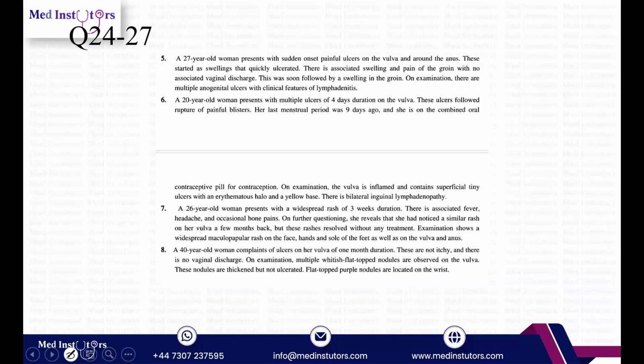A 27-year-old presents with sudden onset painful ulcers on the vulva. One important point, painful ulcers. And around the anus. These started as swellings that quickly ulcerated. There is associated swelling and pain of the groin with no associated vaginal discharge. This was soon followed by swelling in the groin. On examination, there are multiple anogenital ulcers with clinical features of lymphadenitis. So the clincher is two: painful ulcers and lymphadenitis. What is this?